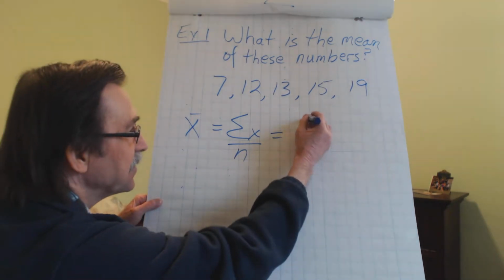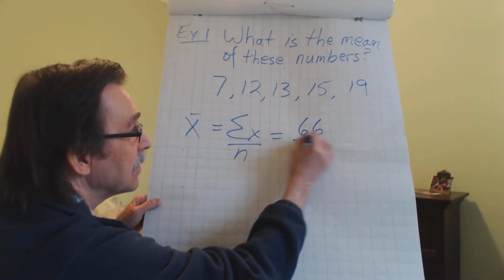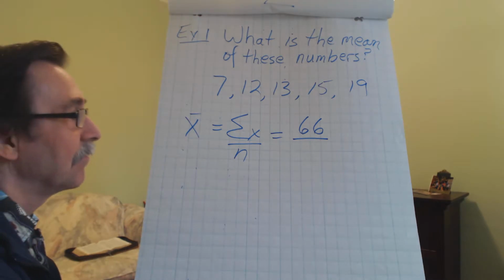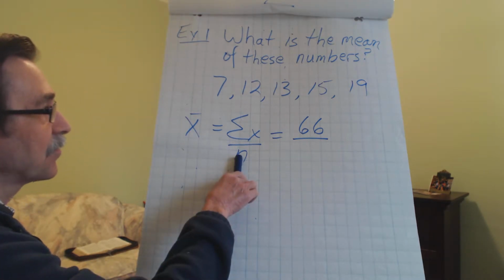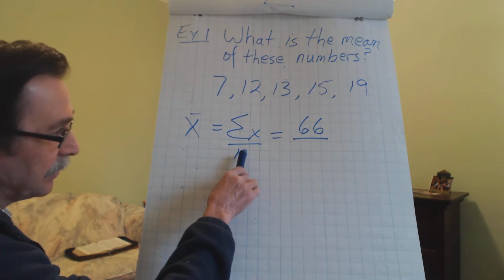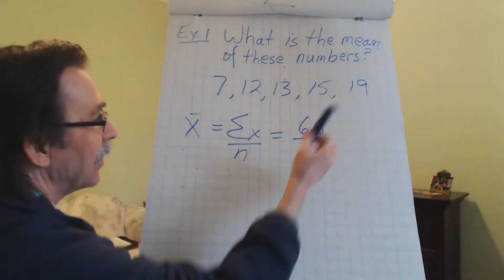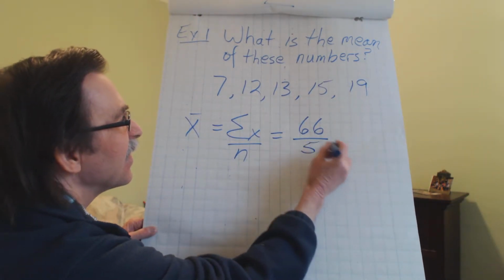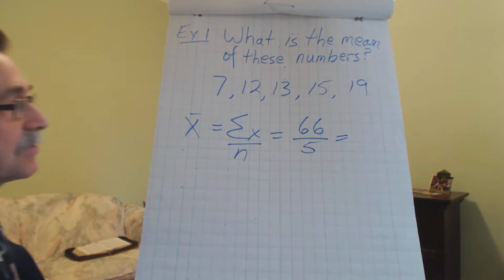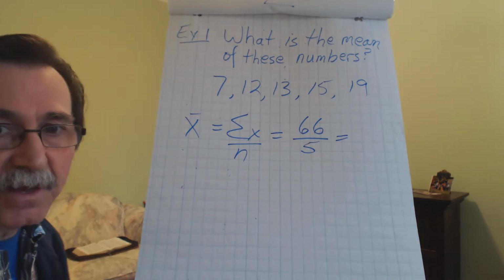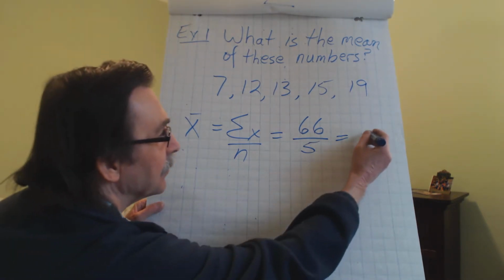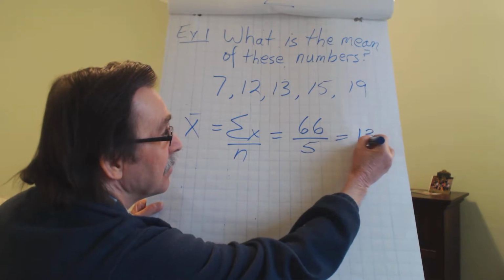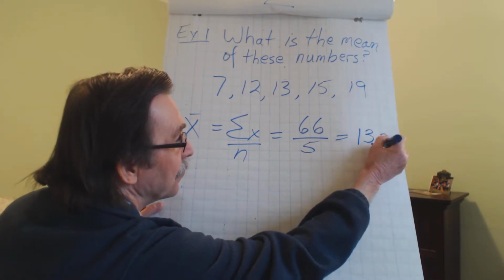And that is 66. Divided by how many scores are there? Well, that would be 1, 2, 3, 4, 5. And that gives us a result. If you go 66 divided by 5, you'll get 13.2.